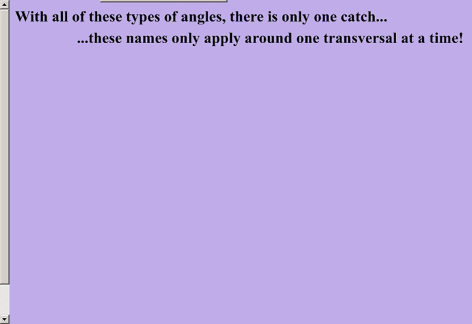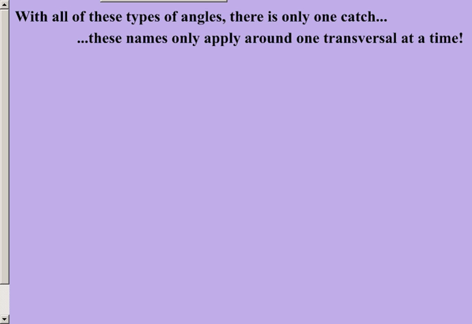Okay, corresponding angles, alternate interior angles, same side interior angles, alternate exterior angles. These names only apply around one transversal at a time. Now, we've already discussed the situation where multiple transversals can exist in a diagram at the same time. Okay, these names only apply as you travel along a single transversal.